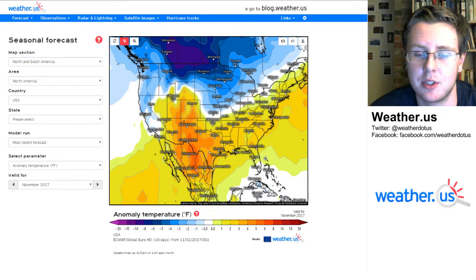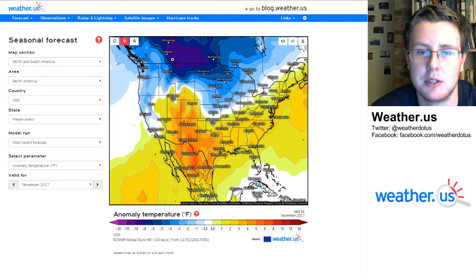The average temperature in Florida is way higher in November, and generally any time of the year, than Maine. So Maine is still going to be cold. Florida is still going to be warm. It just so happens that, according to this model forecast, during the month of November, both Maine and Florida are going to be slightly warmer than normal.